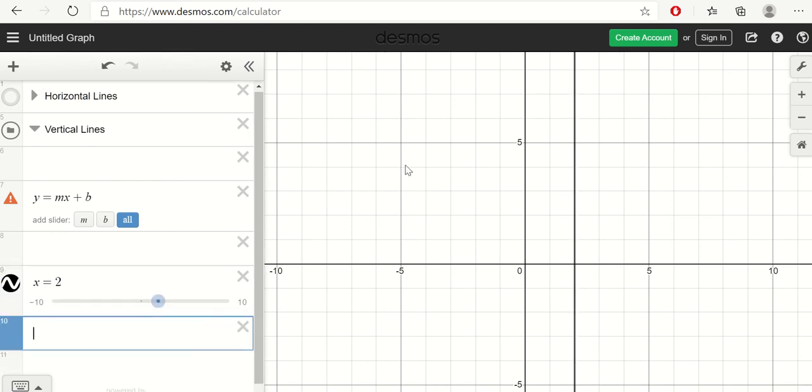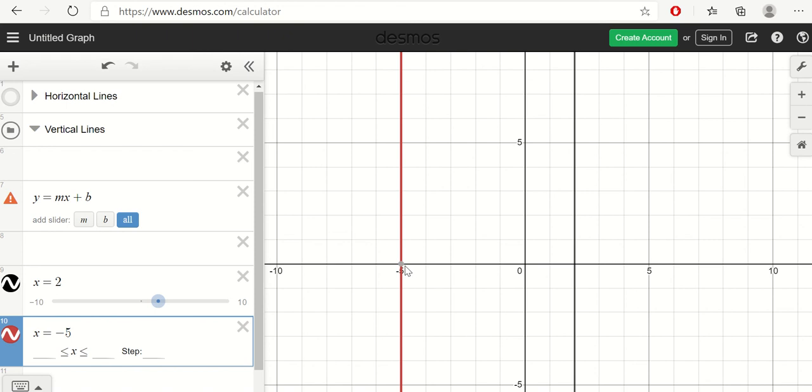Let's say I want a vertical line, but instead I want it at x equals negative 5. Well, x equals negative 5 is the equation for that line. It is the line that always has an x value of negative 5. No matter what height we're at on this line, no matter what the y value is, if you're at a y value of 2, what's the x value?